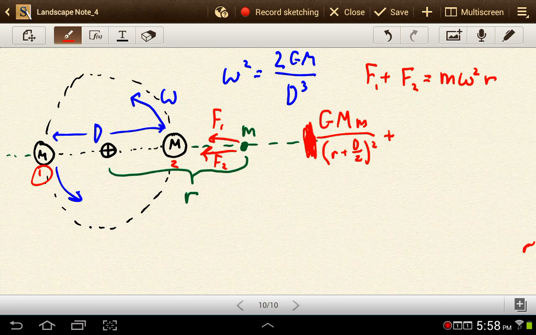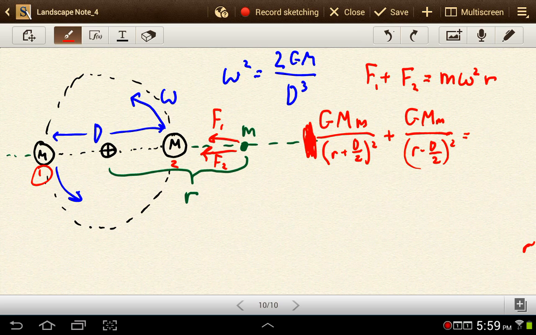And then for force 2, it's the same, because star 2 has the same mass as star 1, except now the distance is r minus d over 2, squared. And that's going to equal... let me back up.